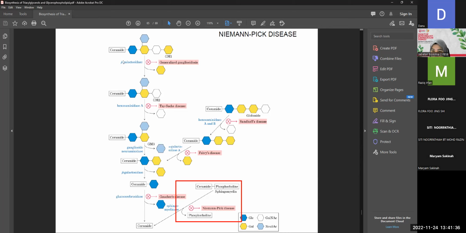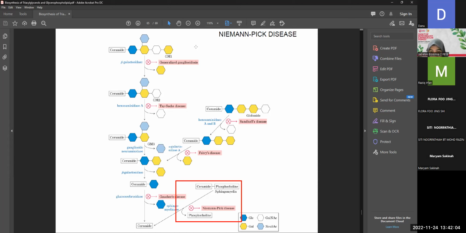When there is a deficiency of the beta-galactosidase enzyme, it cannot be degraded. It cannot be converted from GM1 to GM2, so there is accumulation of GM1. This condition is known as generalized gangliosidosis.